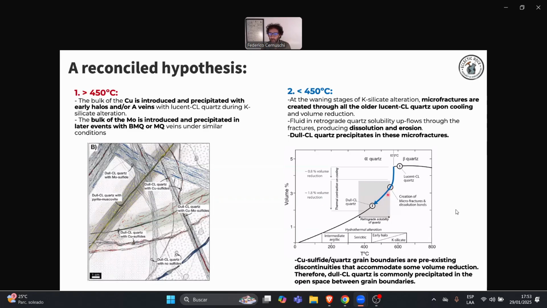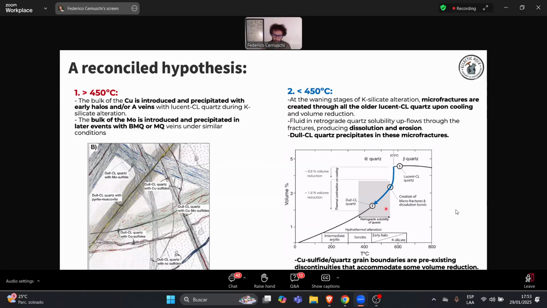And also that volume reduction overlaps in temperature with the field of retrograde solubility of quartz at low pressure. So any fluid migrating to these fractures that are produced by volume reduction will produce some dissolution and erosion, further enhancing the permeability of these fractures. And we think that's why it's so common to observe in A veins, in particular, copper sulfides in contact with the dark CL quartz.